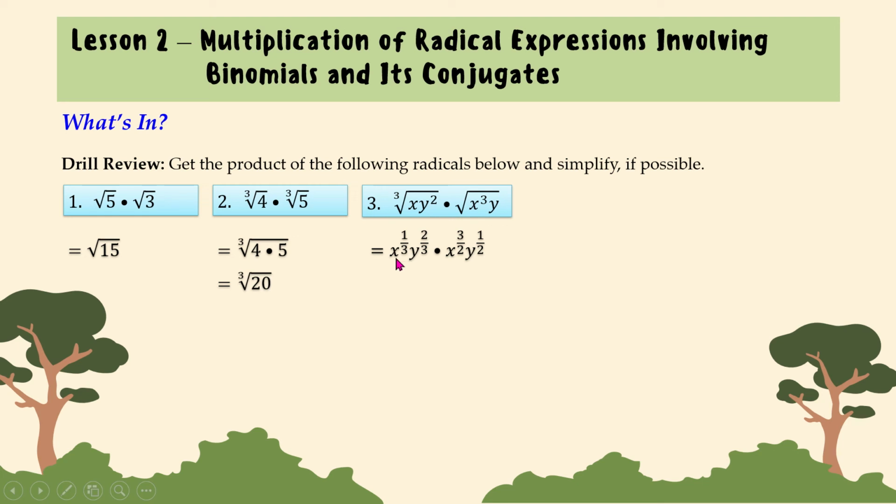We write them as x exponent 1/3, since the exponent of x inside is 1 over index 3. Then y has the exponent 2/3, times x exponent 3/2, then y exponent 1/2.